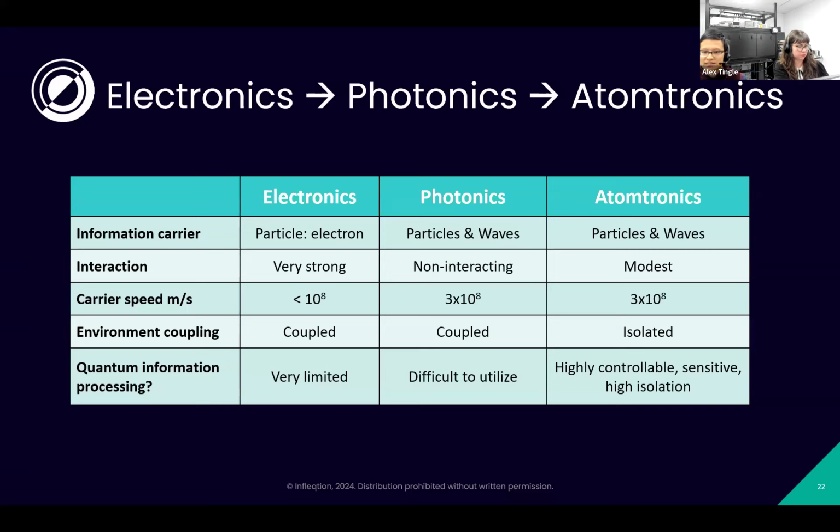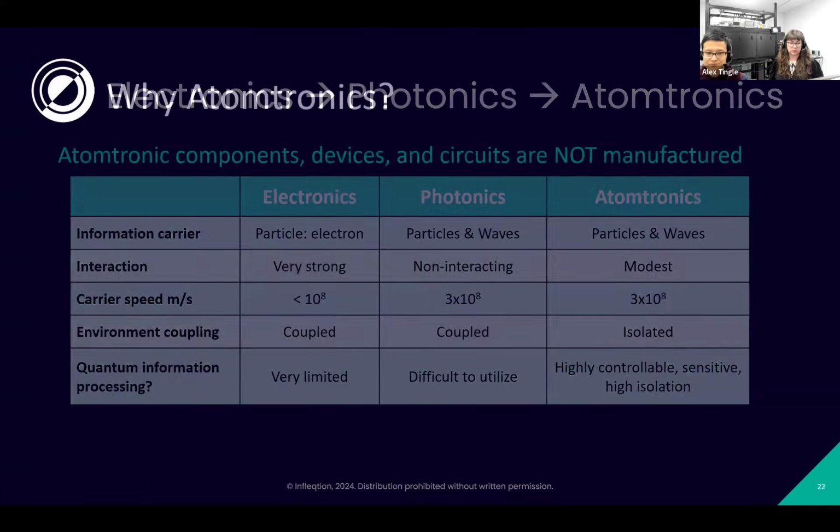While electronics and photonics are typically coupled with their environment, atomtronics are more isolated, allowing for highly controllable and sensitive quantum information processing, making atomtronics a unique platform among the three. Despite these differences, all three aim to efficiently control the respective carriers for various applications, including information processing and sensing.